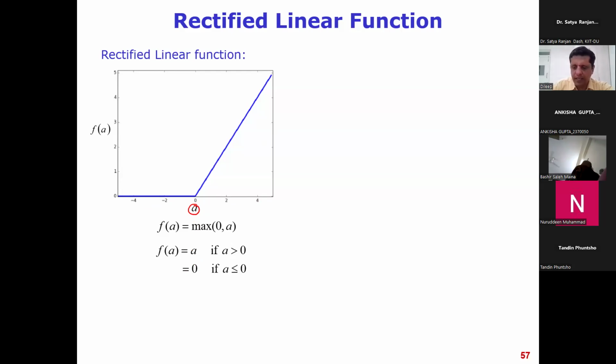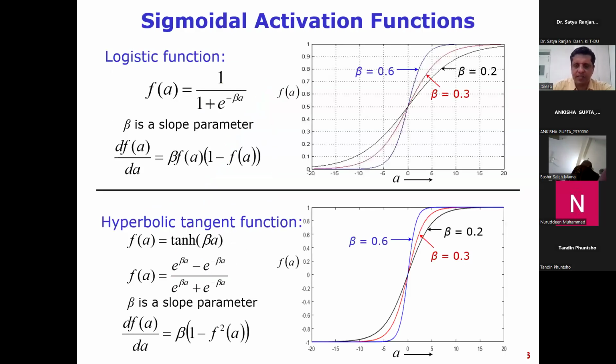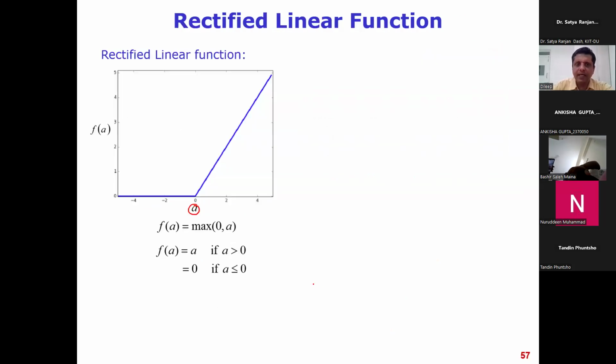In the sigmoidal activation function, whether the activation value is negative or positive, the output is bounded in the range of 0 to 1 or -1 to +1. But in the rectified linear activation function, whenever the activation value is less than 0, it is considered negative, and it considers only the positive values of the activation.